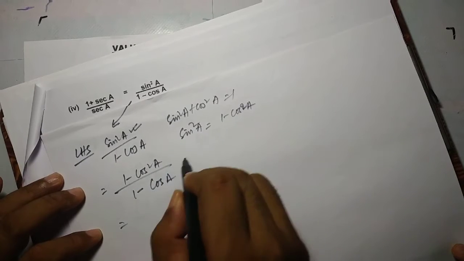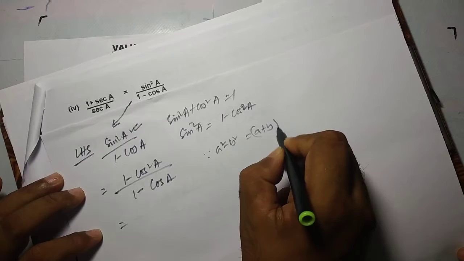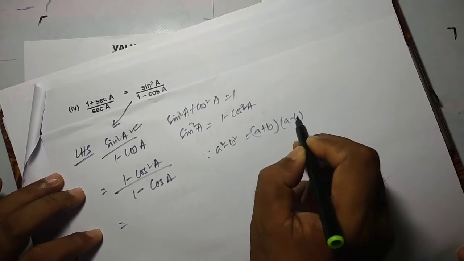So this is A square minus B square equal to (A plus B) whole into (A minus B).